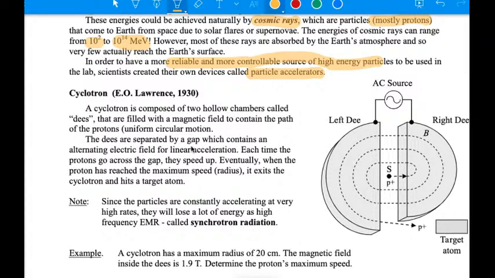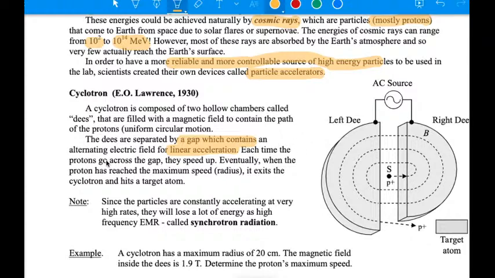The D's are separated by this gap, which contains an alternating electric field for linear acceleration. So you're getting an electric field almost between two plates. These aren't actually plates, but we are still accelerating our proton from our positive to our negative end. So we're getting a linear acceleration when it's crossing the gap.